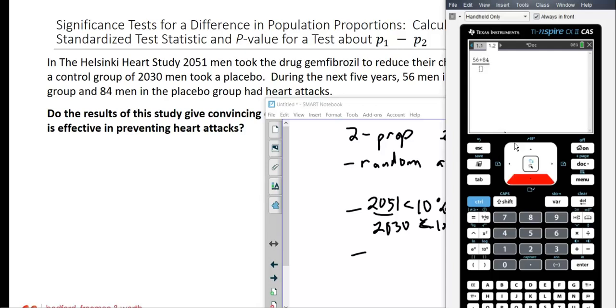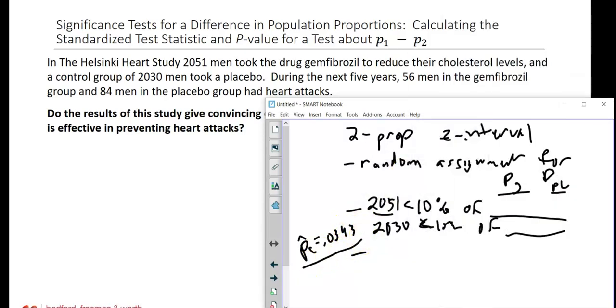The totals on the bottom, 2051 plus 2030. I like to put a decimal, so it gives me a decimal. So we're going to use p-hat pooled, 0.0343. So p-hat combined is 0.0343. I need that to check my condition.